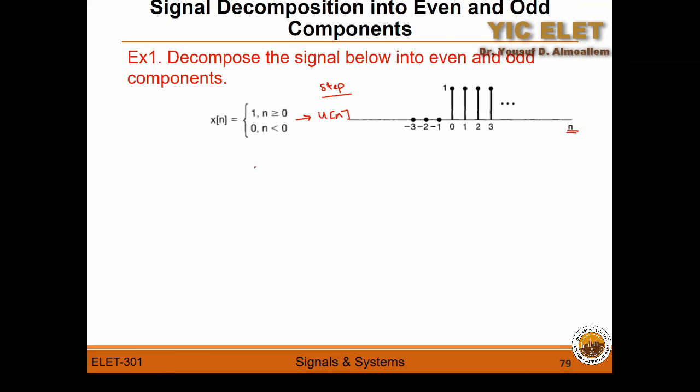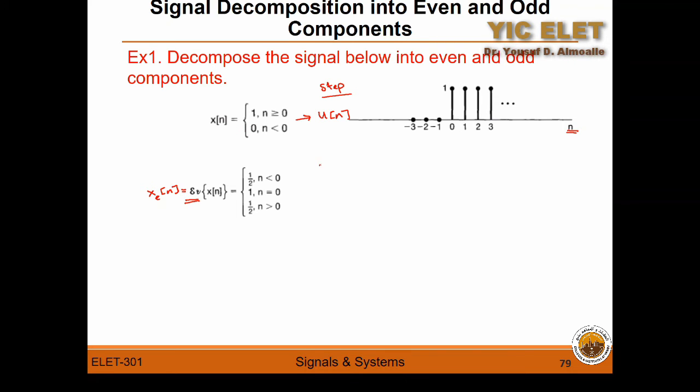So let's apply the rules that we have seen in the previous slide. If I want to calculate the even part of x of n, or we can write it in another notation, x even of n, both have the same meaning, we have to calculate x of minus n first. Then we add both together and multiply by half.